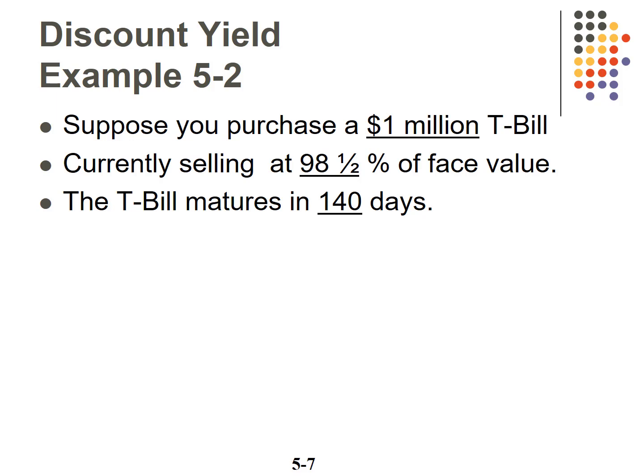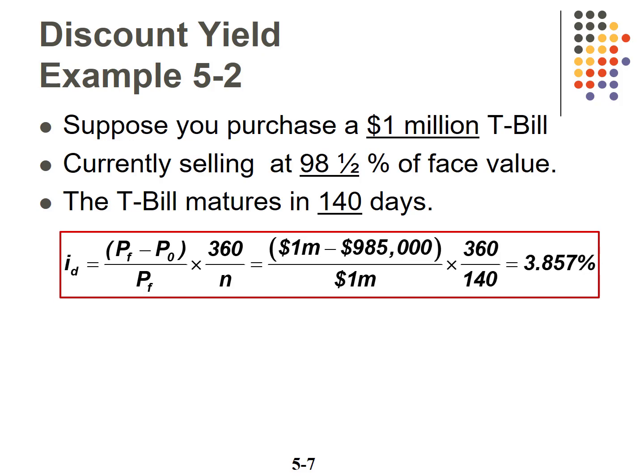In this case, we purchase a $1 million Treasury bill. It's currently selling at 98.5% of face value, or $985,000. Matures in 140 days. Discount yield first. Pay close attention to when the formula uses a purchase price, P sub 0, and when it uses face value, PF. And again, 360-day year.